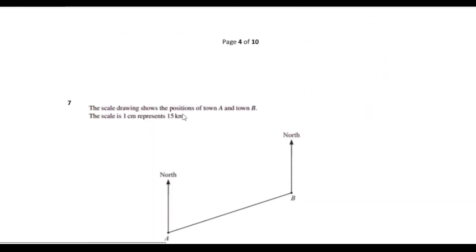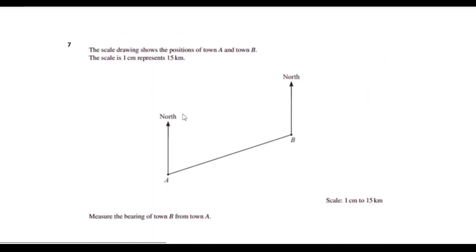Okay, now the next question: the scale drawing shows the positions of town A and town B. The scale is 1 centimeter representing 15 kilometers. Now measure the bearing of town B from town A. For the bearing of town B from town A, we have to measure this particular angle.